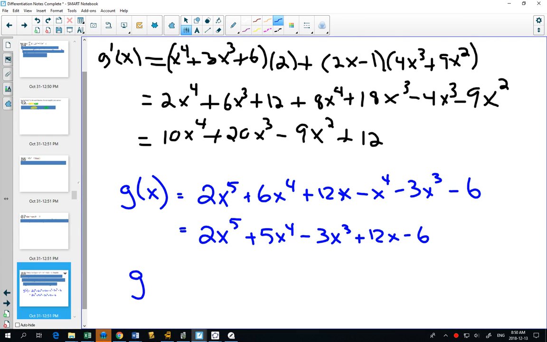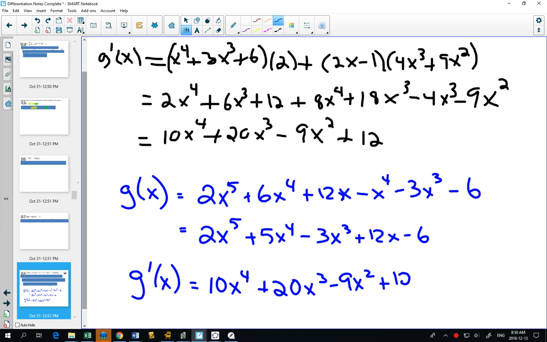Now if we found the derivative directly from this, it's just power rules. It still took me 3 lines, whether I simplified first or I took the product rule first.